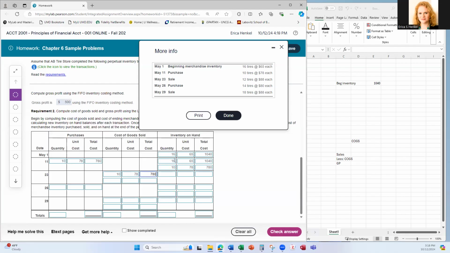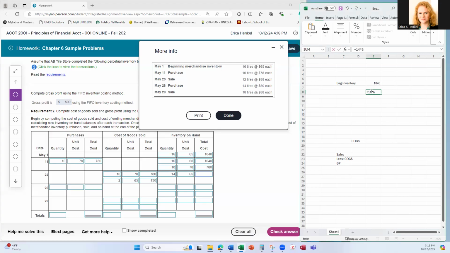The next two will come out of that layer there: 2 tires at $65, so a total of $130. That means we started with 16 in this layer. Now we've sold 2, so there's only 14 left. 14 times 65 is 910.